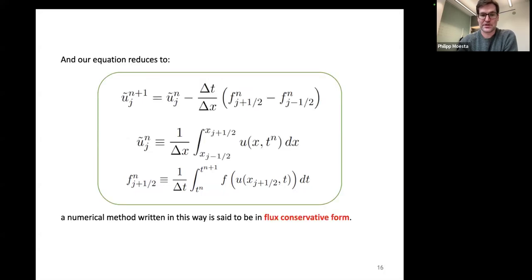If we substitute that in, we end up with the equation here: u_j^(n+1) is the solution at n minus these F_(j+1/2) minus F_(j-1/2), all multiplied by delta t over delta x. You see the definitions that we've used below to substitute this in. This is now exactly what we had seen before and what we call a flux conservative form for our numerical method.